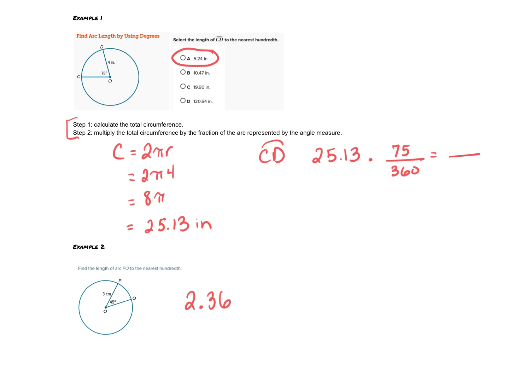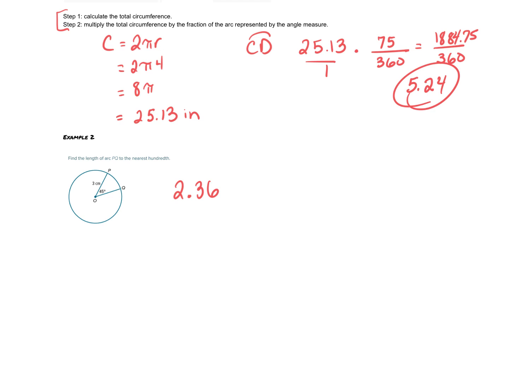So we're going to multiply 25.13 times 75, and I get 1884.75. Remember, I put this over 1, and then I'm going to divide that by 360 to get the 5.2. It's 5.23, but my third decimal, in the thousandths place, is a 5, so they rounded up to 5.24. Okay.